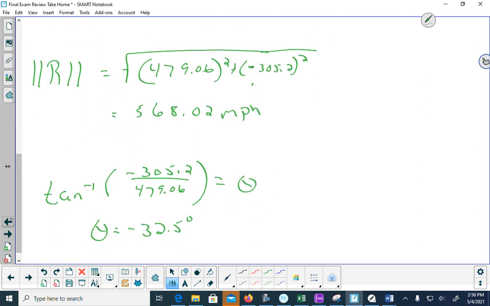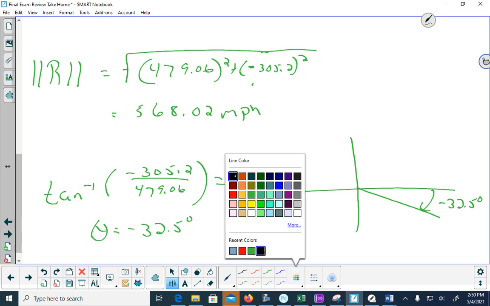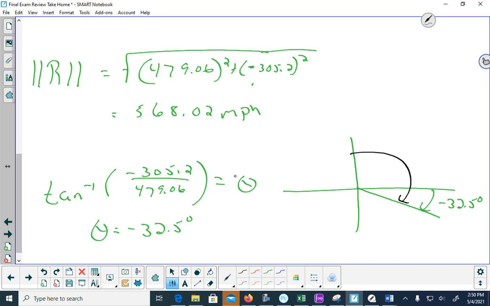Okay, now let's think. Negative 32.5. This is a trig angle. This is the angle that I have, negative 32.5 degrees. But it wants the direction of the plane, which is another way of saying it wants the bearing. So I want this angle coming from 0. So to go from here to here is going to be 90 degrees.